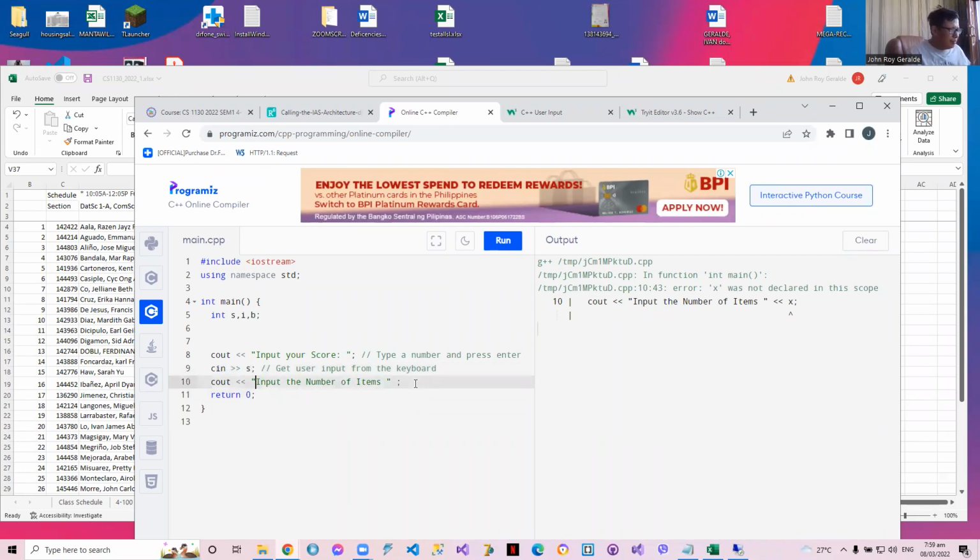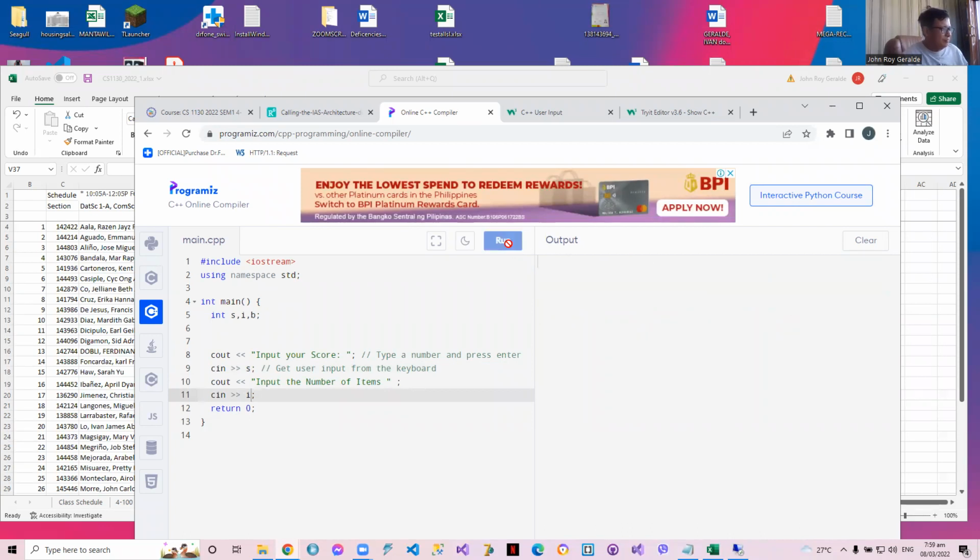Are you doing it like this, printf or scanf? Pwede rin, di ba? Okay, tama na siya. Score is 60. 50 na. 100. Like that.